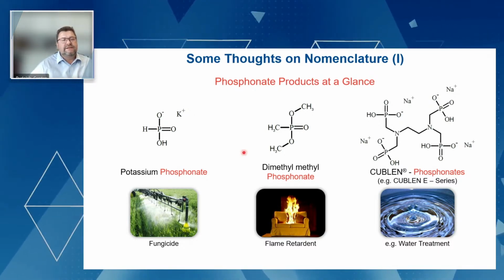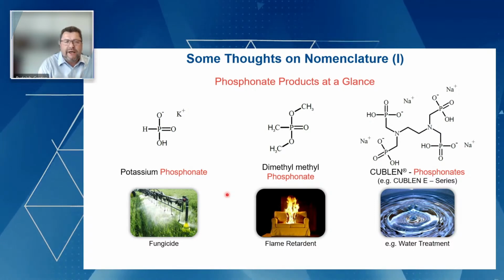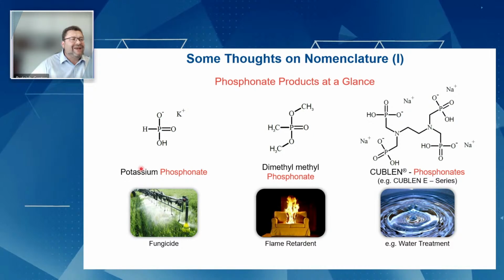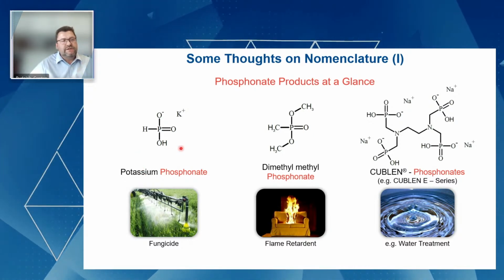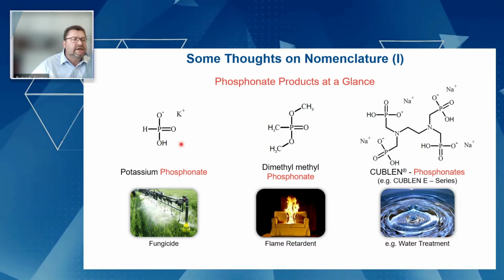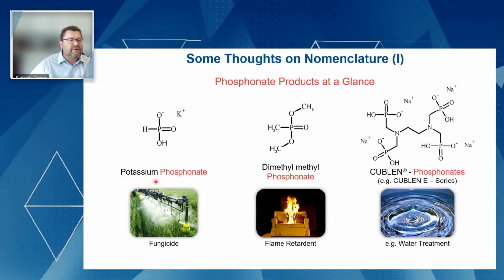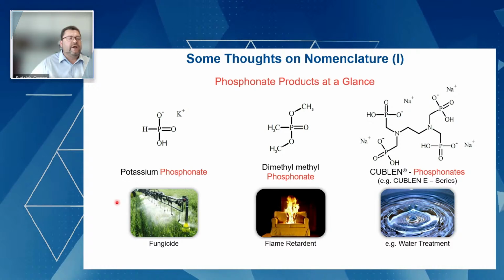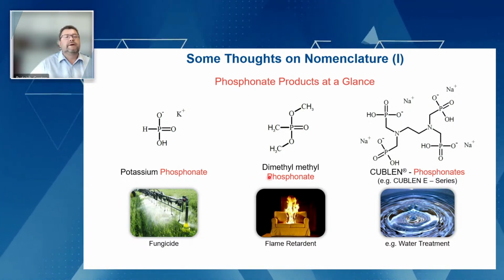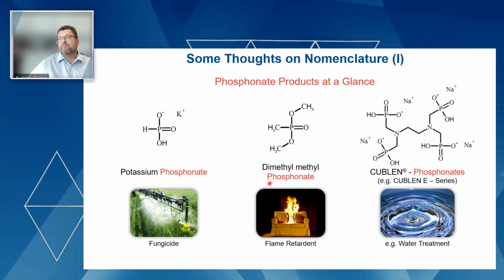So phosphonates, in general, there are three ways to describe the chemistry. For example, phosphonates can be simply the salts out of phosphonic or phosphorus acid. So potassium phosphonate, for example, is a very famous fungicide. It can also be the esters.